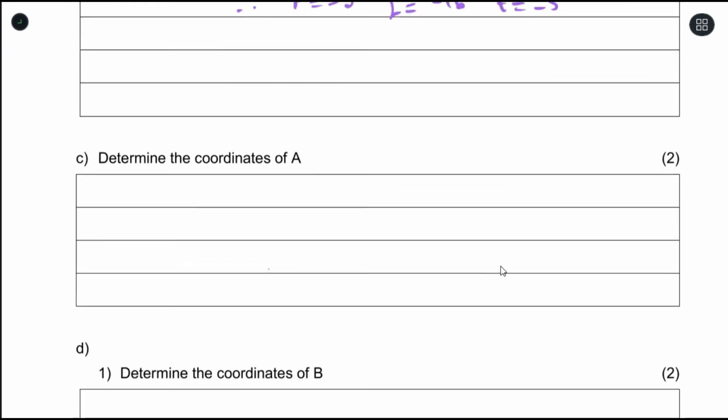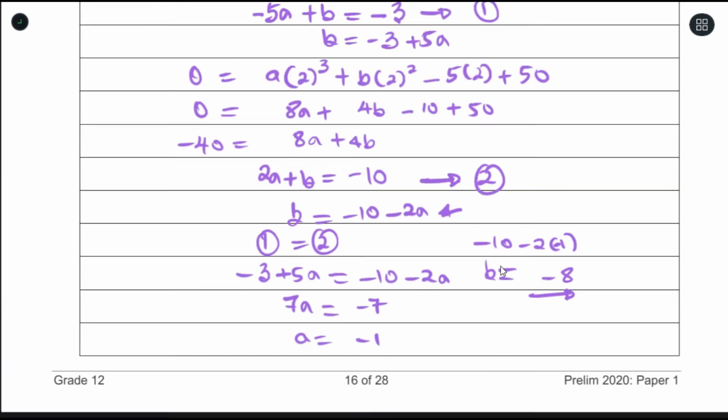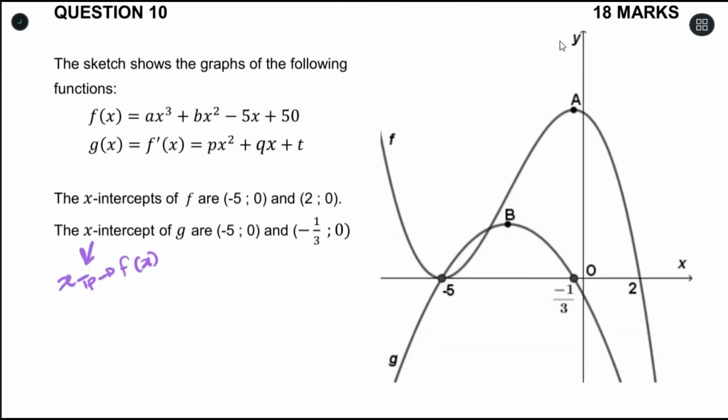That's it. And the next question wants the coordinate of A, this one over here. Now remember what I said at the beginning of this question. I said that the x-intercept of your derivative is the same value as the x-turning point of your original equation. So if the x-intercept of the derivative is negative 1 over 3, the x value for this turning point is actually negative 1 over 3.